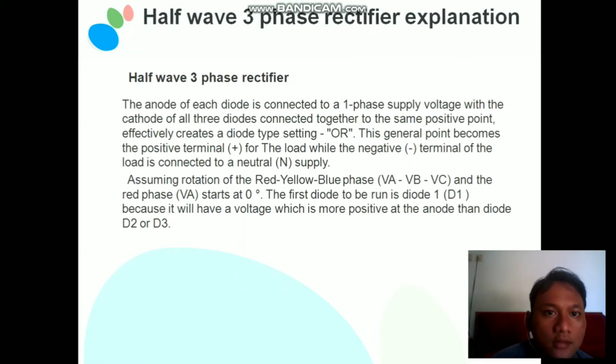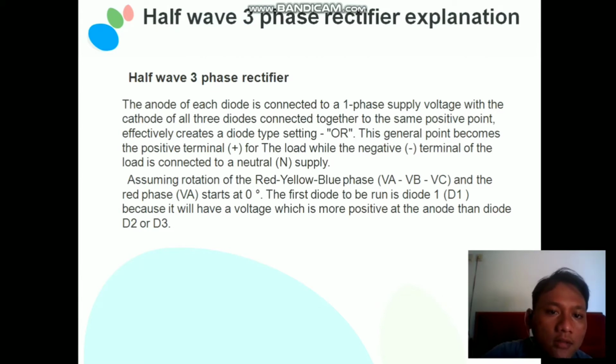The next is the half-wave three-phase rectifier explanation. In the half-wave three-phase rectifier, the anode of each diode is connected to one phase of the supply voltage, with the cathodes of all three diodes connected together at the same positive point.